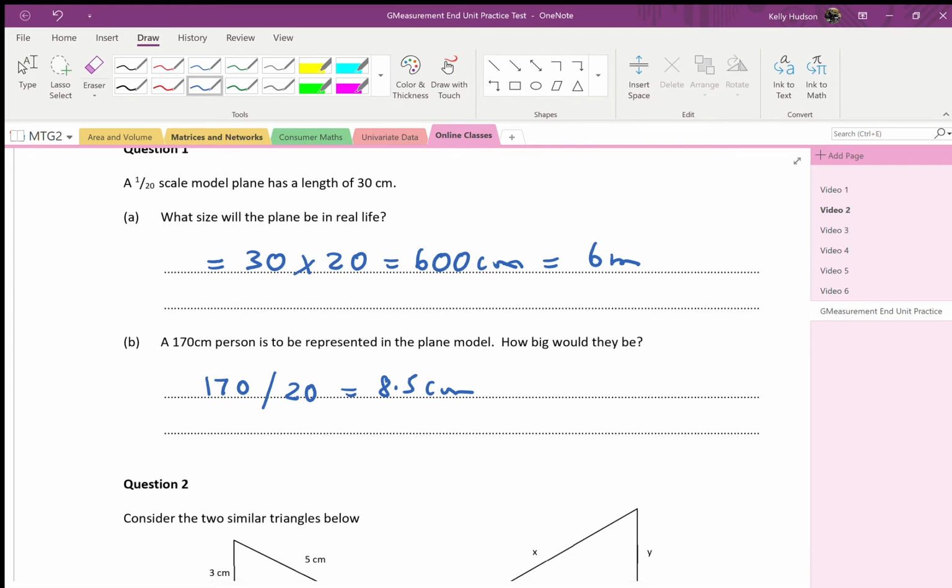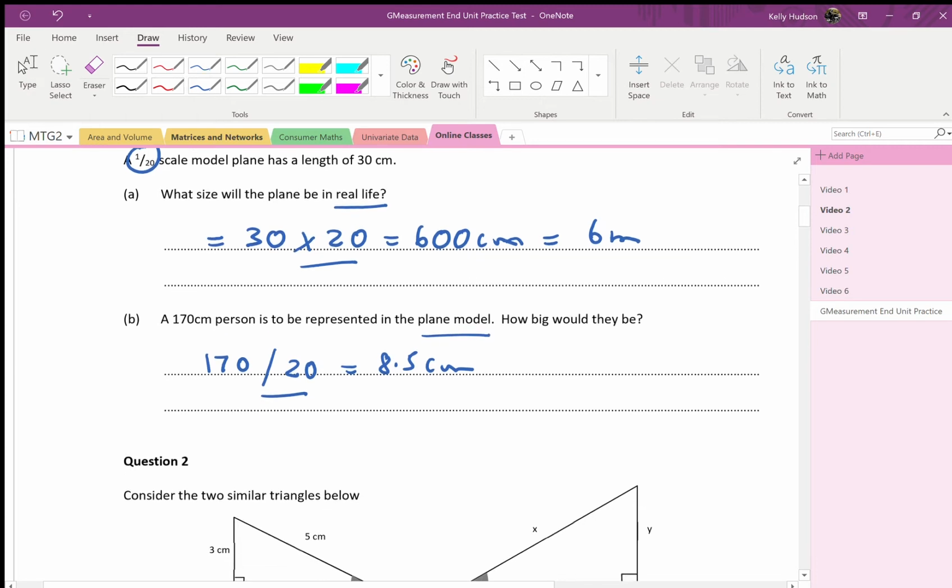So quite easy, we just look at the 1 to 20 ratio and we either multiply by 20 or we divide by 20. If we're going from the model to real life, then we multiply. If we're going from real life down to the model, then we divide by whatever the ratio is.